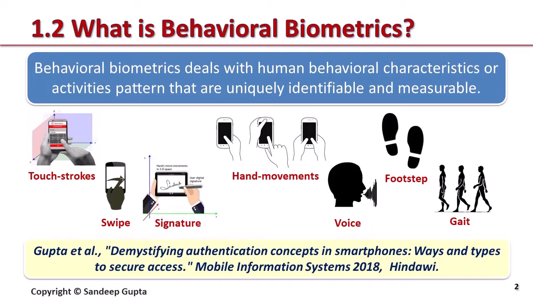Touch stroke, hand movements, swipe, touch signature, voice, single footstep, and gait are some of the behavioral biometrics modalities that are successfully evaluated for user recognition in recent years. Certainly, in the next few years, behavioral biometrics will irrevocably transform the user authentication landscape for IoT applications.